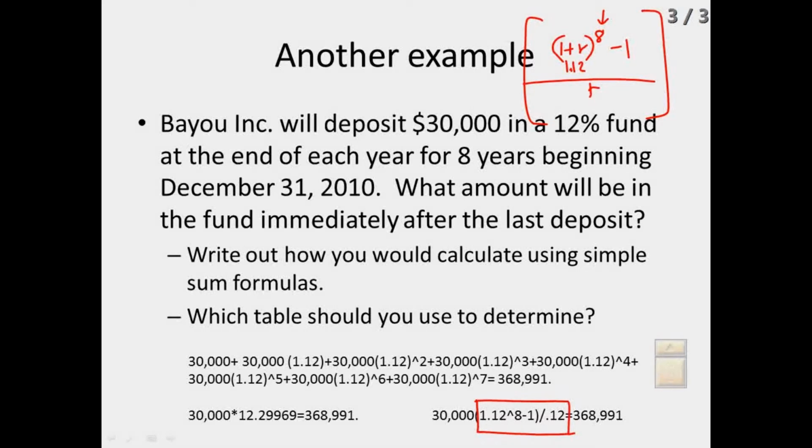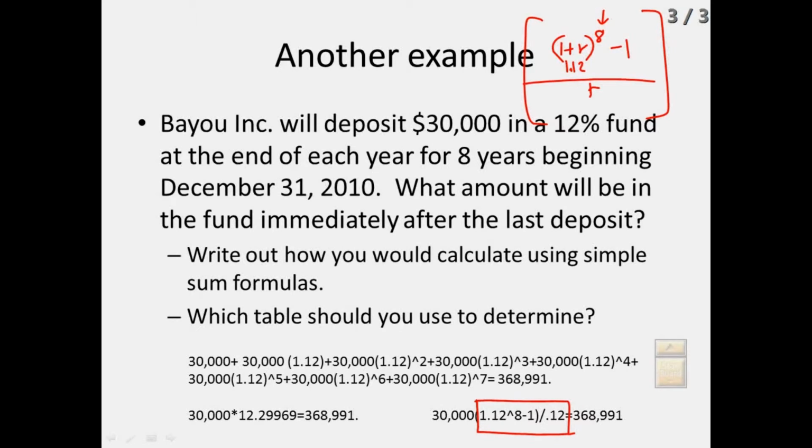The idea is just, this is going to give you a factor which will convert these 8 payments of $30,000 each into the compounded value. It will give you a number that's kind of close to 12.2. So what it's saying is, if I put in $30,000 a year for 8 years, it's going to be worth $368,000 at the end of that 8-year period if it earned 12%.